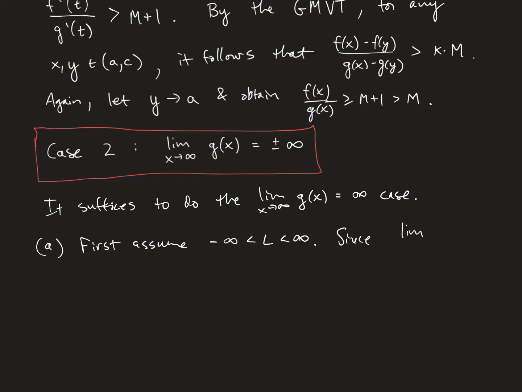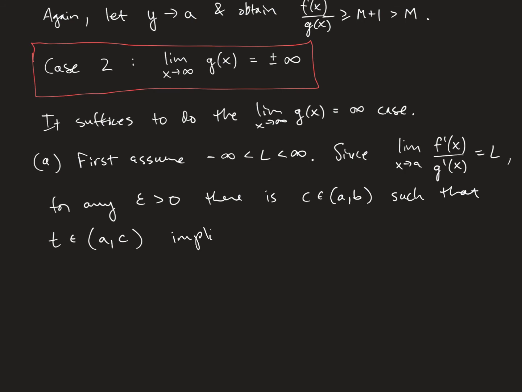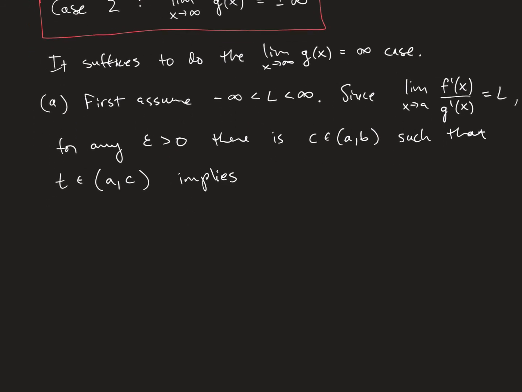So let's take a look at what this means. So we have as x approaches a, f prime over g prime equals L. Since that, for any epsilon greater than 0, there is c in (a, b) such that when t is in that interval, that implies that the difference between f prime of t over g prime of t and L is less than, I'll say epsilon prime.